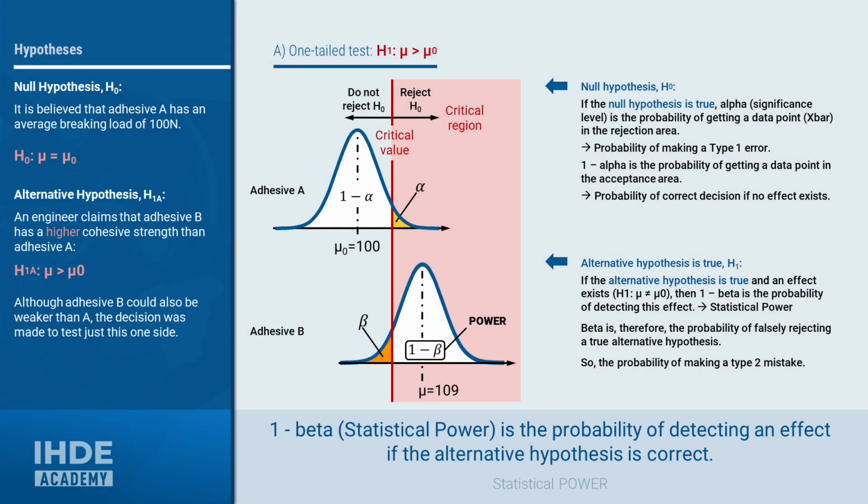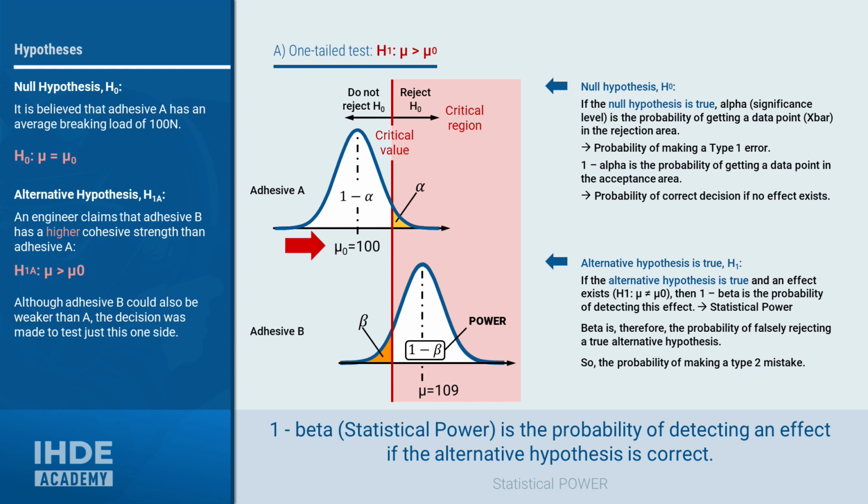If the alternative hypothesis is true, then the mean of the alternative hypothesis is not equal to the mean of the null hypothesis. As we will see shortly, power is the ability of a statistical test to detect an effect when it actually exists.